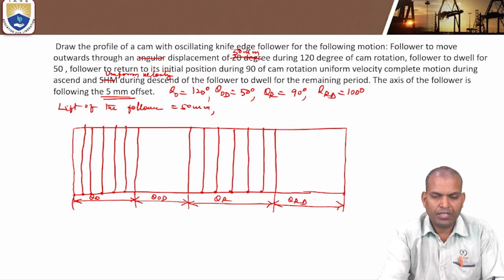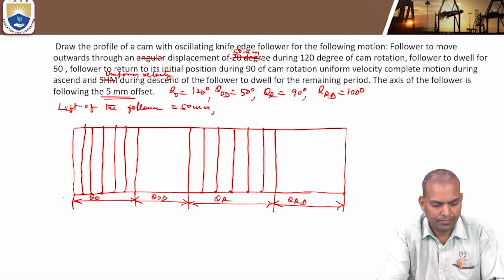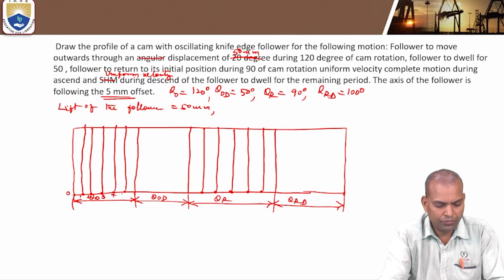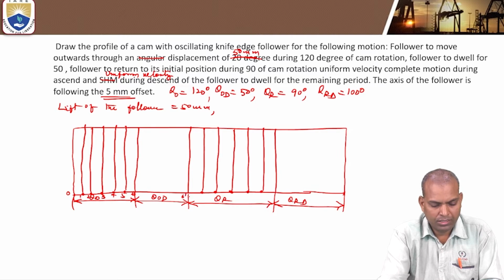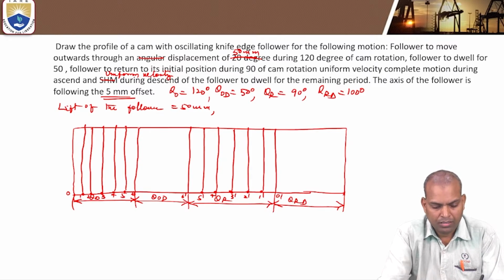Mark these parts with the numbers 0, 1, 2, 3, 4, 5, 6, and 6 dash, 5 dash, 4 dash, 3 dash, 2 dash, 1 dash, 0 dash. This is P and Q.